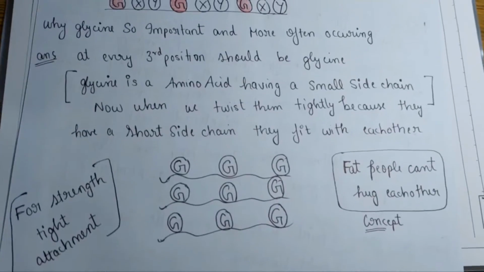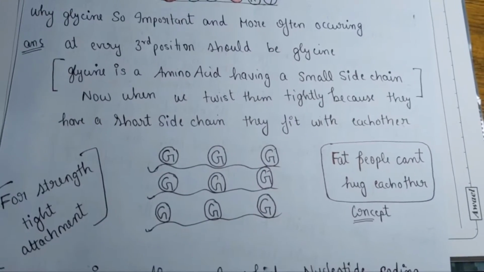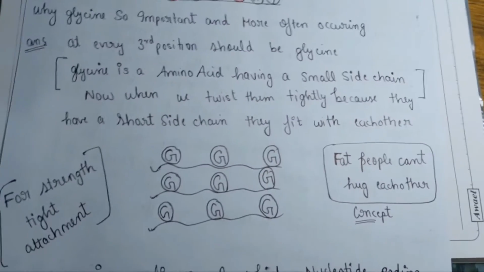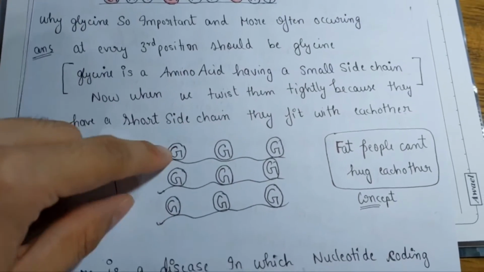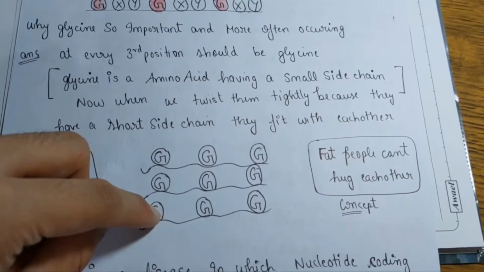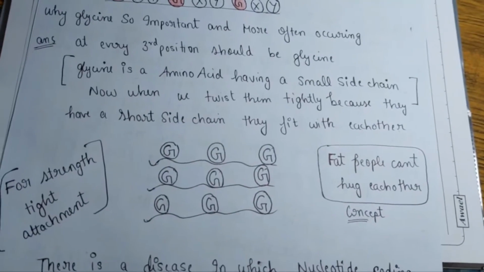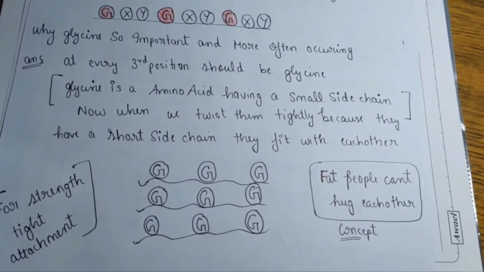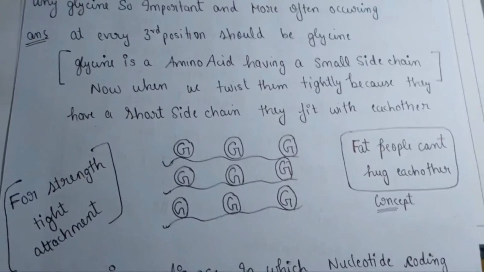This is because glycine is an amino acid which has a small side chain. So when we twist these three chains tightly, because these glycines have a short side chain, they can even lock within themselves. That will provide further strength or tight attachment. This is why glycine is present at every third position.